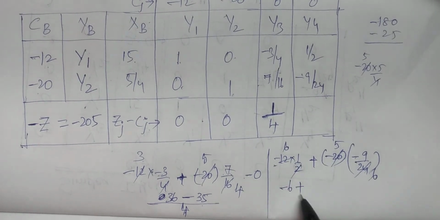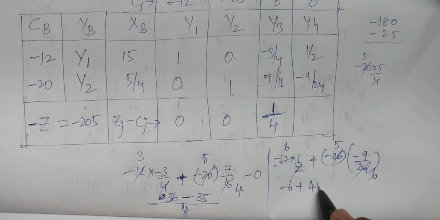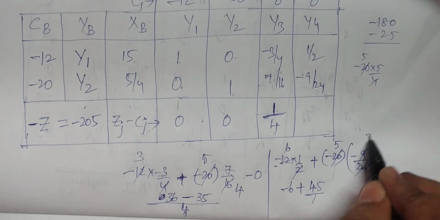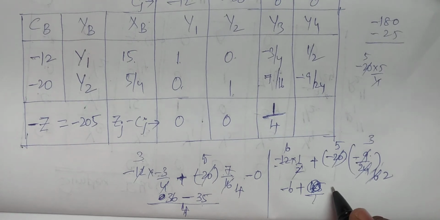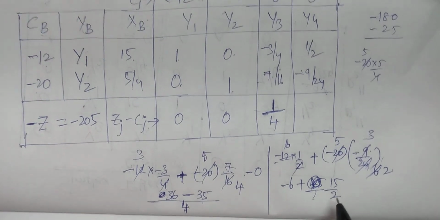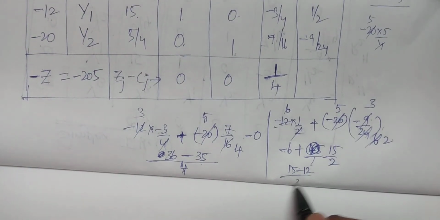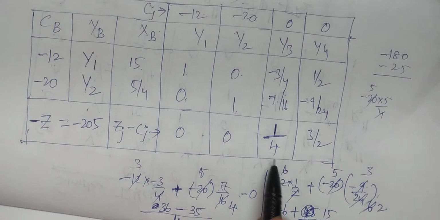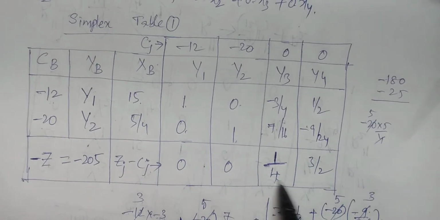It is minus 6, plus, minus of minus, it is plus. 9 5s are 45 divided by 6, but you can cancel 3 2s, 3 3s, so 5 3s are 15 divided by 2. So 15 minus 12 divided by 2, it is 3 by 2. This is very simple, just taking LCMs. So 1 by 4, 3 by 2.